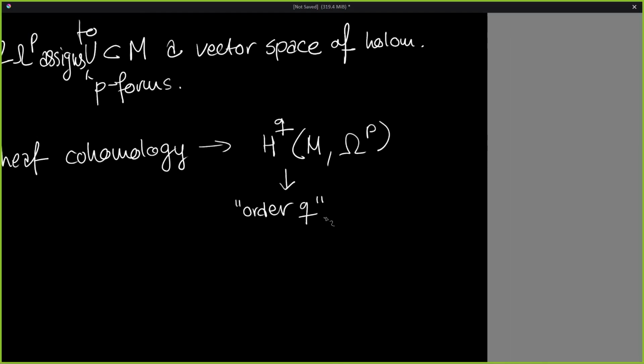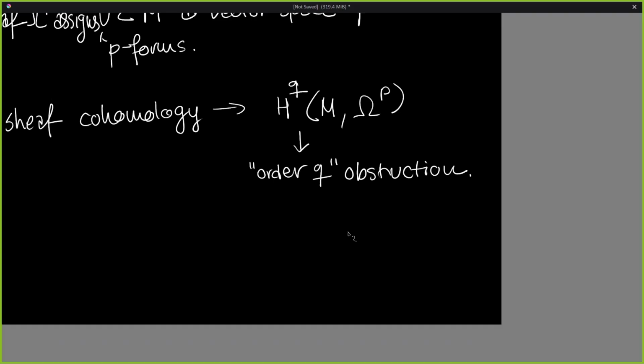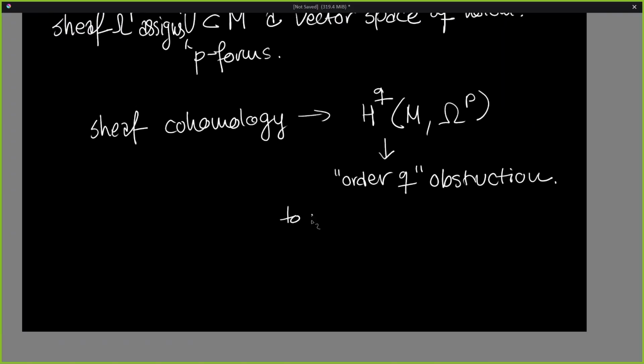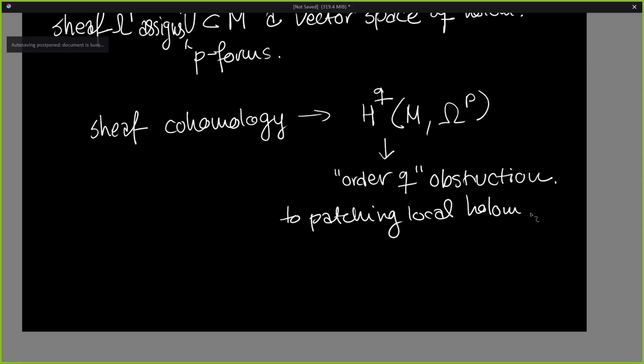So order Q obstruction. We're just going to hand wave away that for now. Higher Q means more complicated. Then there is the obstruction to patching local holomorphic P forms into global ones.